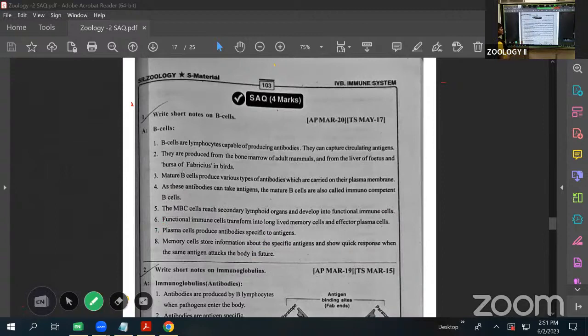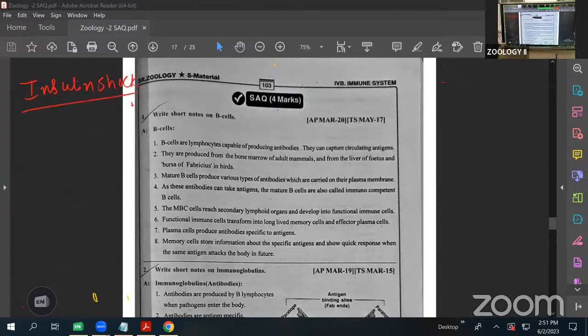Now, one more important topic is there, called insulin shock. This is important for the VSAQ.